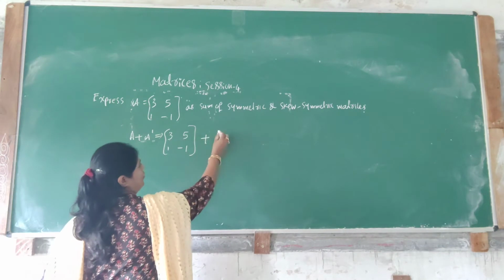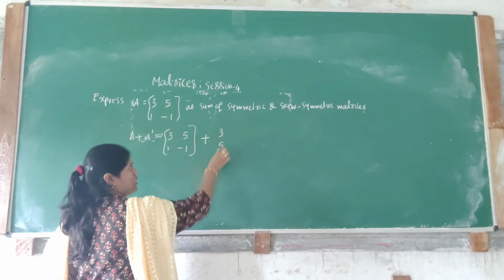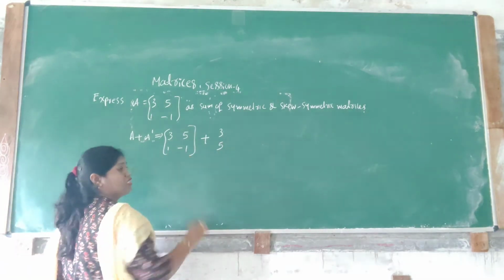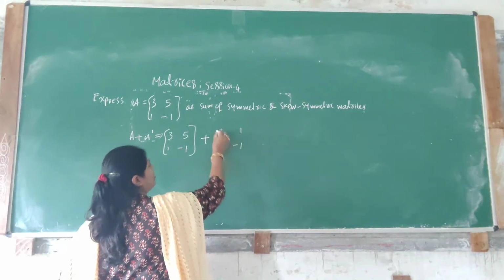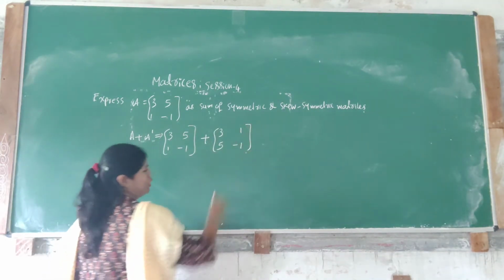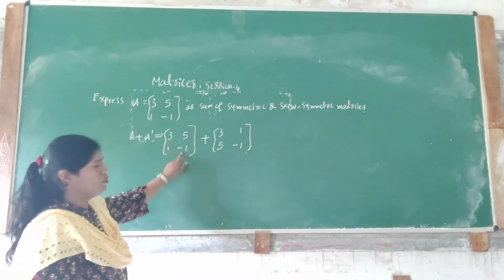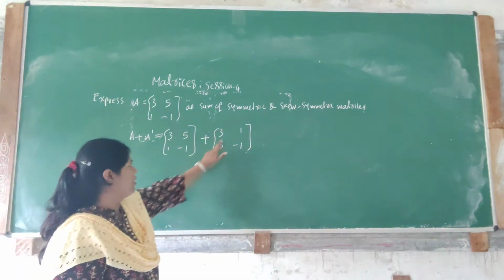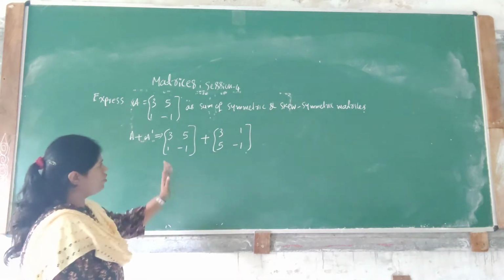So 3, 5, which is row wise, now becomes column wise. Then 1, minus 1, the second row, we have to write in the second column. Row wise becomes column wise. We have to add this.